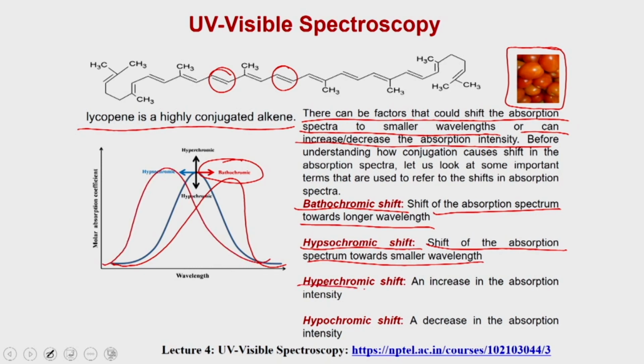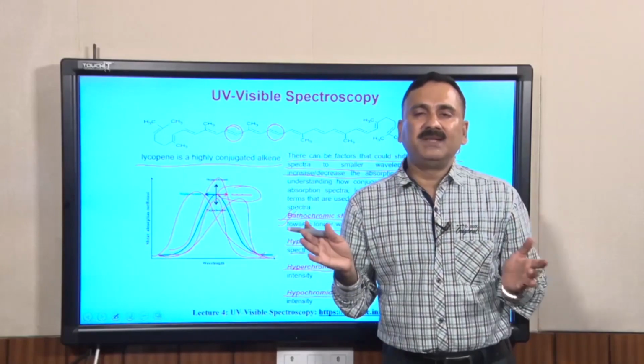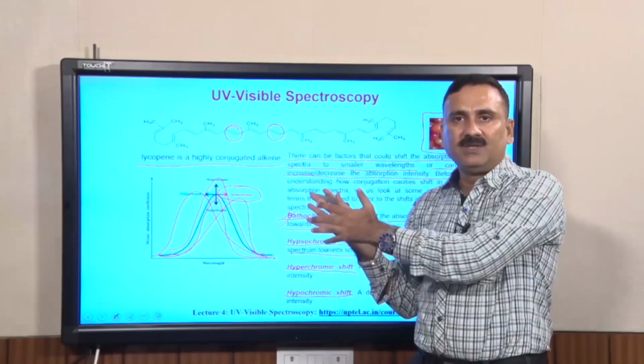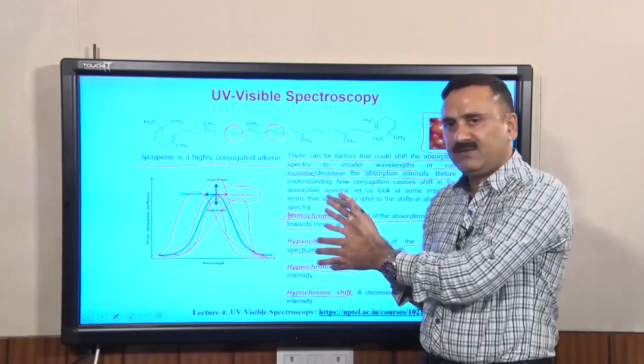Then you can have the hyperchromic shift, which means the absorbance will go up, or you can have the hypochromic shift, which means the absorbance is going to go down. In one case your lambda max is changing towards the longer wavelength, which is the bathochromic shift.